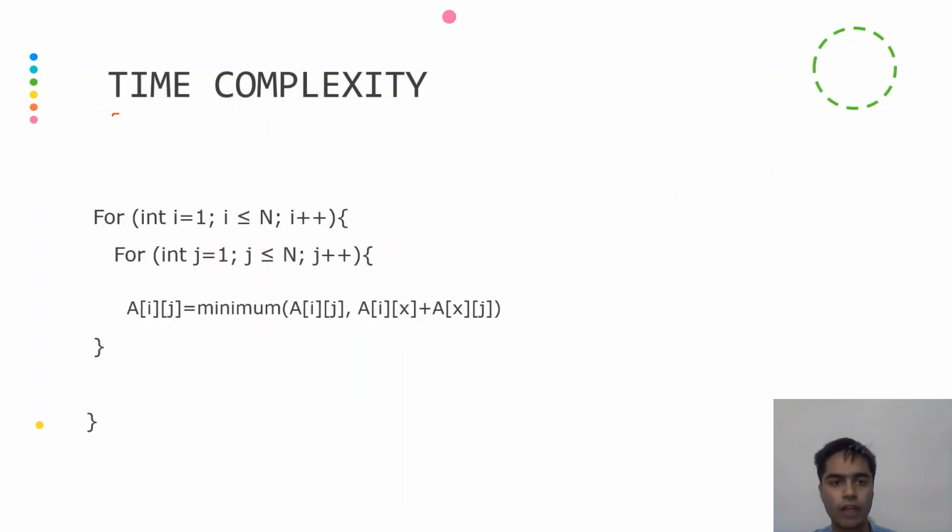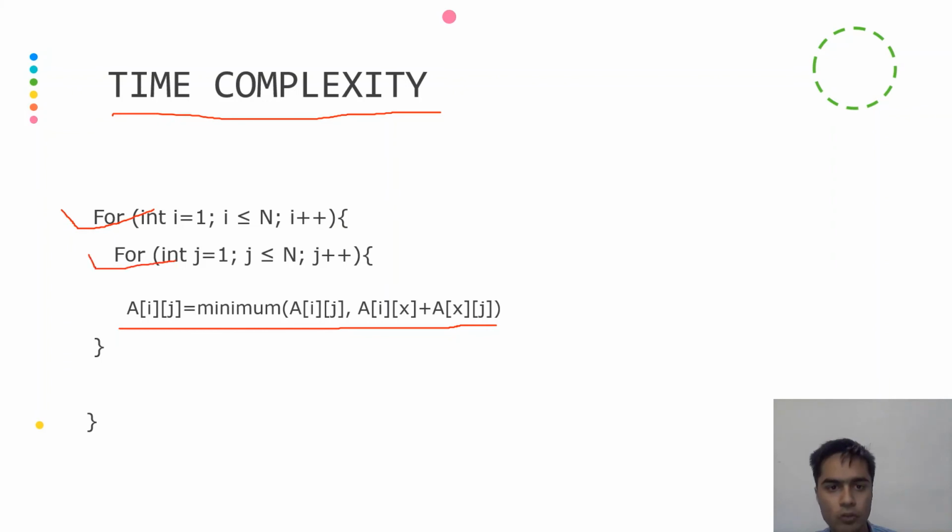Now the time complexity of the Floyd Warshall algorithm, as we have to generate subsequent matrices using this formula. For this we have to access every element of the matrix, and to do that we would need two for loops, this for loop and this for loop, and because of these two for loops we will be able to access each and every element of the matrix.